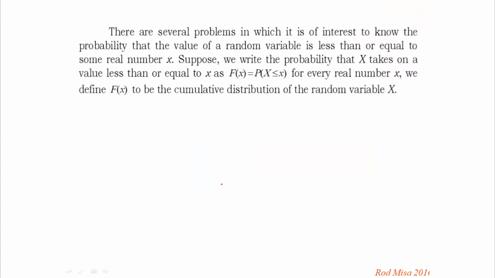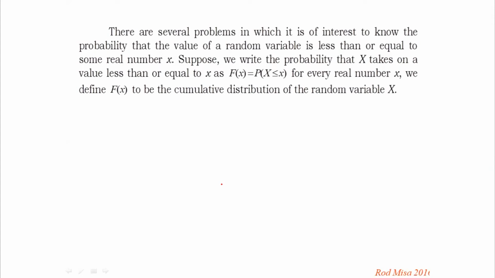Now, there are several problems in which it is of interest to know the probability that the value of a random variable is less than or equal to some real number x. And suppose we write this probability that X takes on a value less than or equal to x as the big F of x, which is equal to the probability of our random variable whose value is less than or equal to the small x.